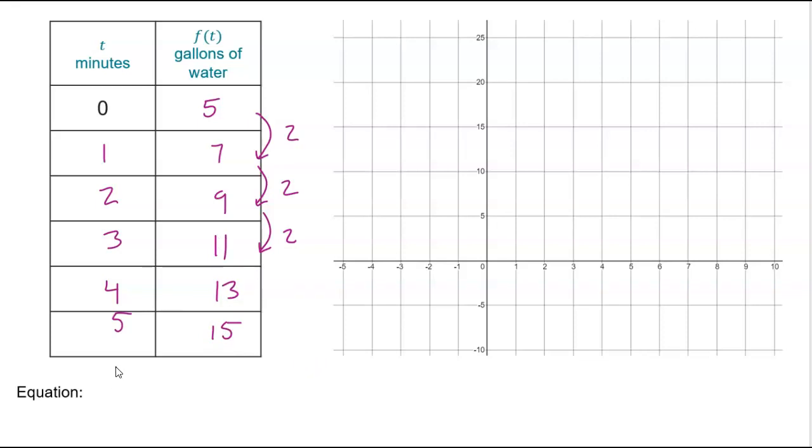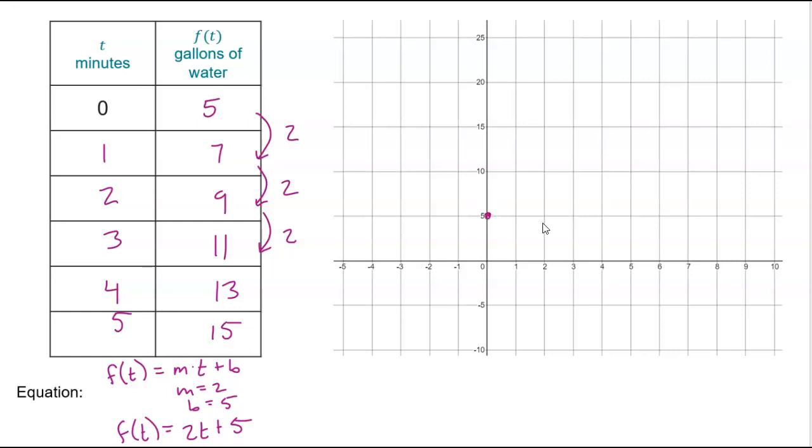We can write an equation, f of t, because we're using t up here for minutes, like time. This is going to be our good old slope-intercept form for an arithmetic equation. So m times t plus b. M is our common difference. B is our value at 0. Our equation will be 2t plus 5. Same stuff we've been doing in the last unit.